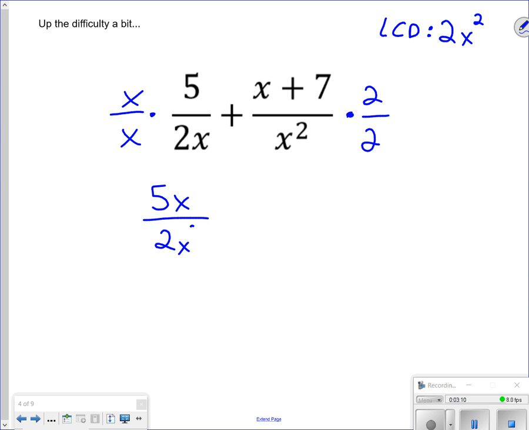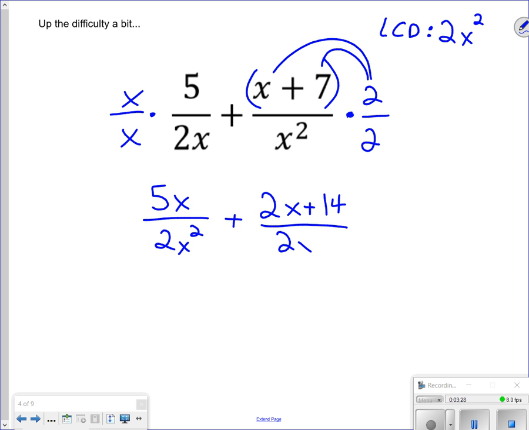Now here it gets a little trickier. Notice this is a binomial, x plus 7. So if I multiply 2 times that binomial, x plus 7, I have to distribute the 2 in. So it's going to be 2x plus 14 over 2x squared. And notice now I've got the same denominator, so I just add across. Now this is a plus sign, which is nice, which means I can jump to combining like terms.